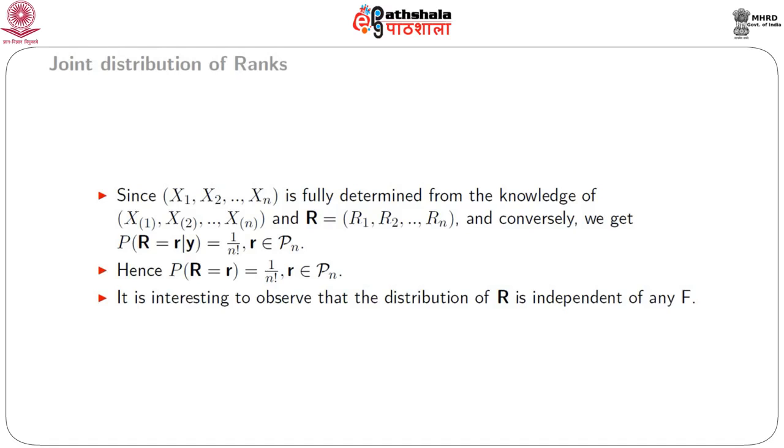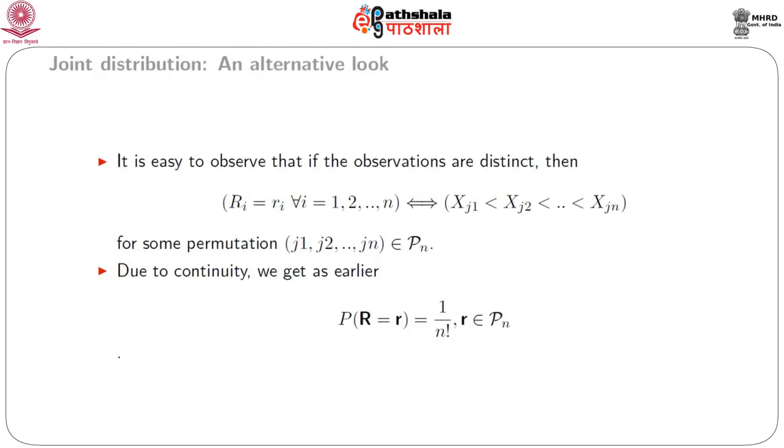Now, it is interesting to observe that the distribution of R is independent of any F. That is, the distribution of ranks does not depend on the parent population as long as the parent population is continuous. Now, we can in an alternative way obtain the joint distribution of ranks. If we are taking observations from a continuous population, the observations are distinct with probability 1.